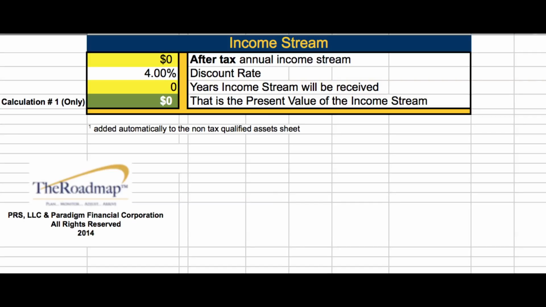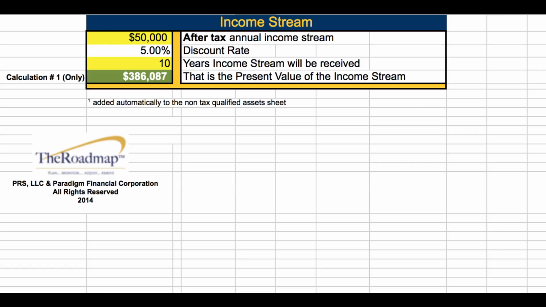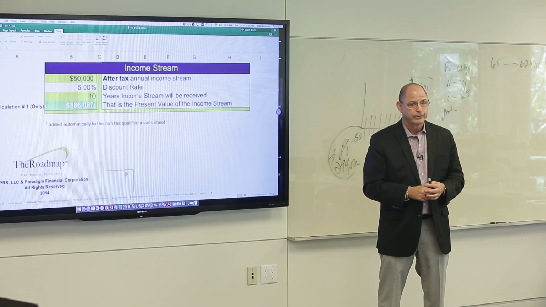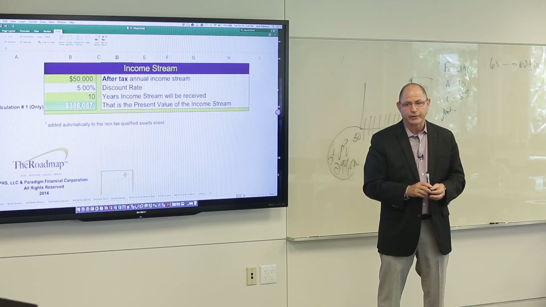Let's suppose I'm getting $50,000 of after-tax income from my piece of real estate. And then I'm going to get it for another 10 years. So the present value of that income stream is $386,000. I would add it as another asset. With me so far? Tax qualified, or not qualified. Other assets.